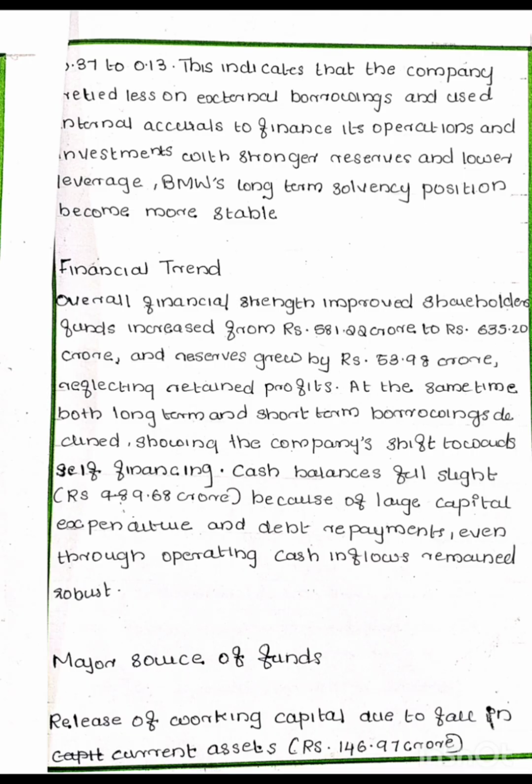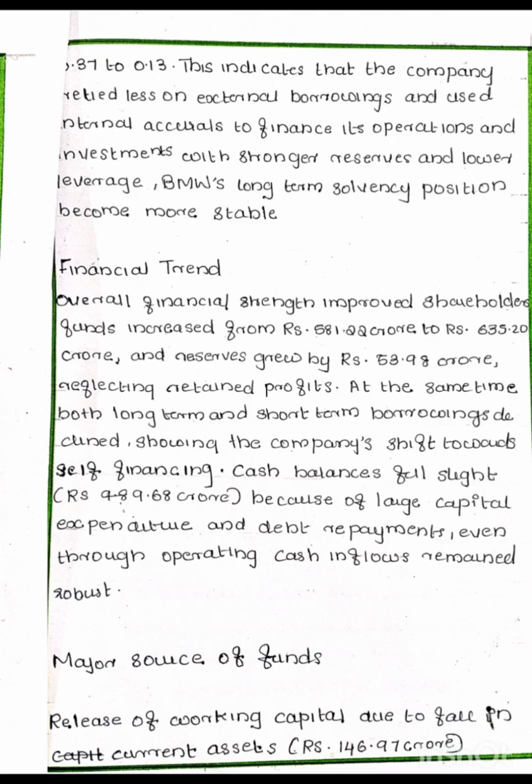Then the financial trend. Overall, the financial trend is improving, with shareholders' funds increasing from rupees 581.22 crores to 635.20 crores, and reserves grew by rupees 53.98 crore, reflecting retained profits.